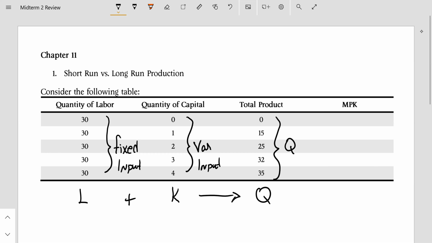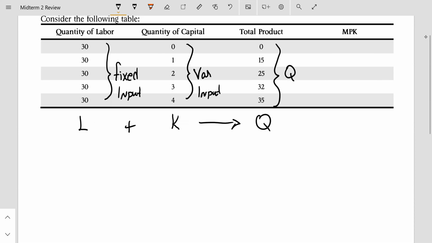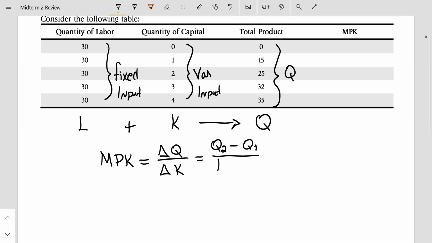And so what we can do is get our marginal production of capital. And what does that mean? So marginal production of capital looks at the change in quantity over the change in capital. So you can take Q2 minus Q1 and compare it to K2 minus K1.